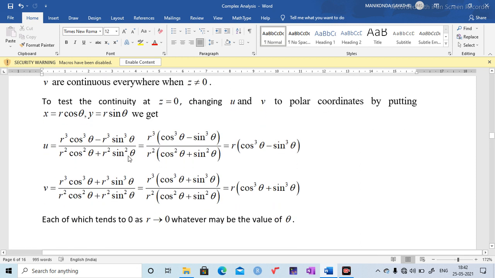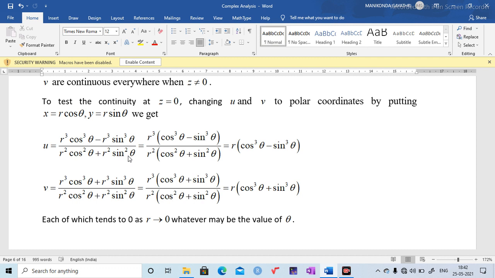In v also you take the same substitution, that is x equal to r cos theta, y equal to r sin theta. Again take r cube common in the numerator, r square in the denominator, cancel, then you are going to get 1, or this term again equal to 1. This will be the remaining term, each of which tends to 0.